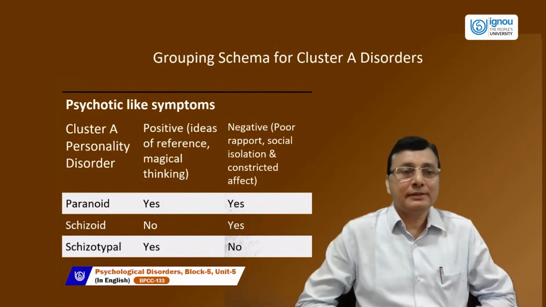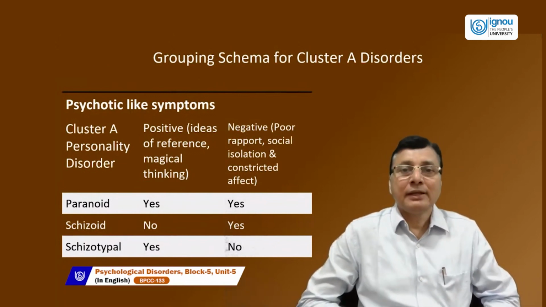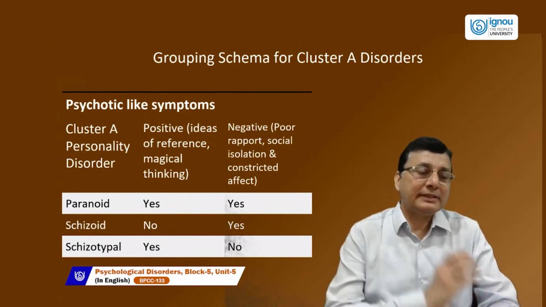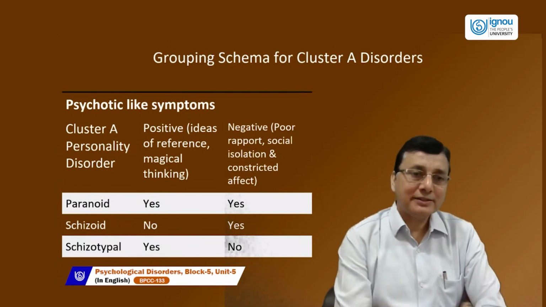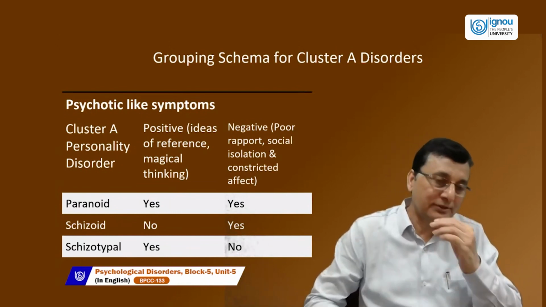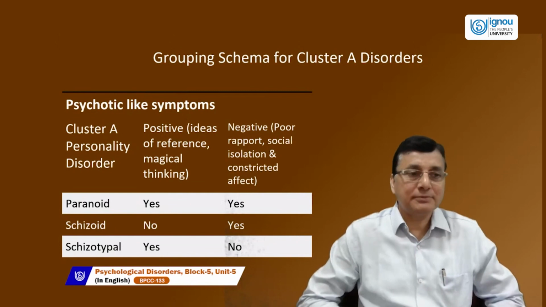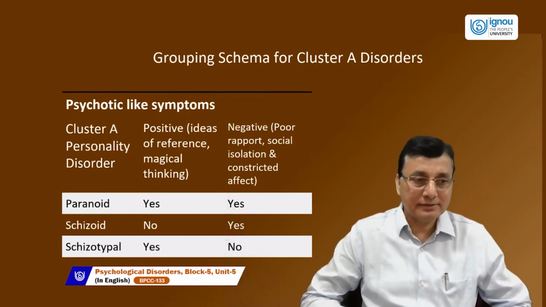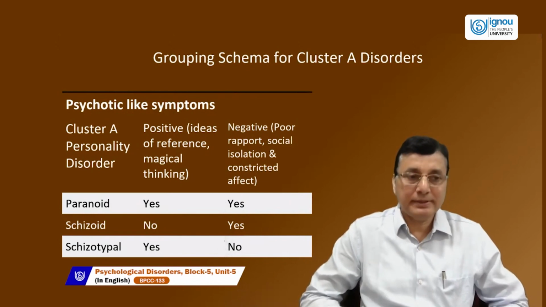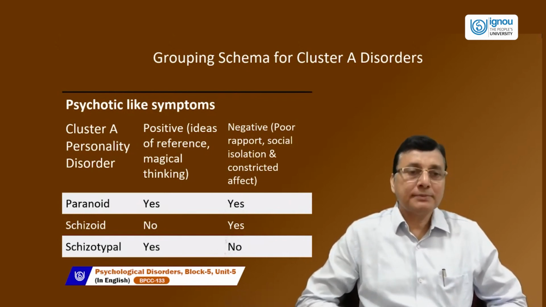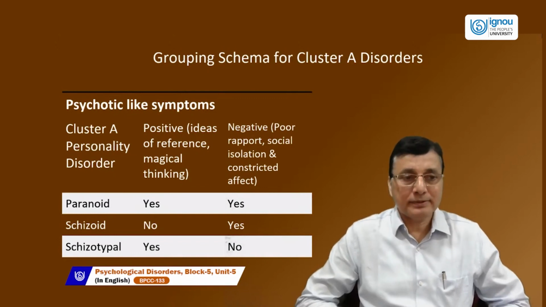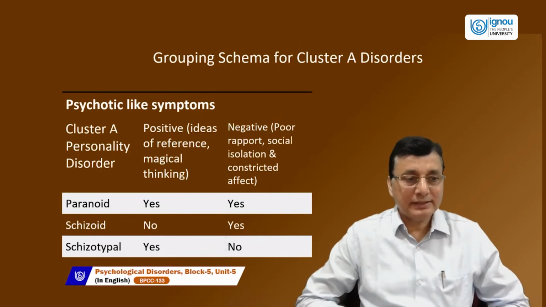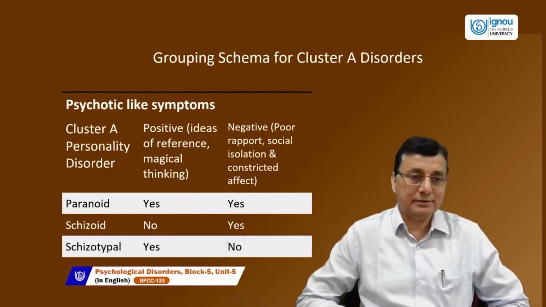Let us see all the three cluster A personality disorders. So, if we talk about the psychotic-like symptoms, not delusion, hallucination as well, but psychotic-like symptoms. There are three cluster A personality disorders: paranoid, schizoid, and schizotypal. Positive symptoms wise, like ideas of reference, magical thinking, it is there in paranoid and schizotypal personality disorders.